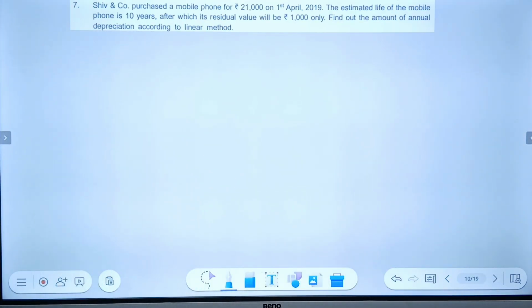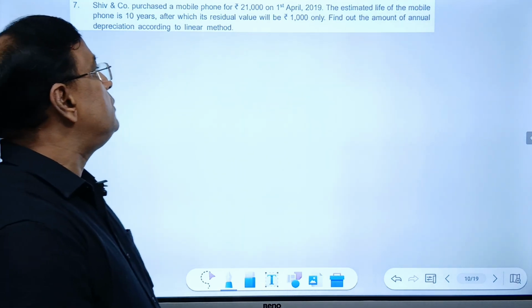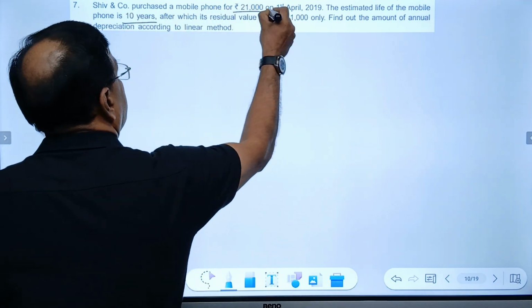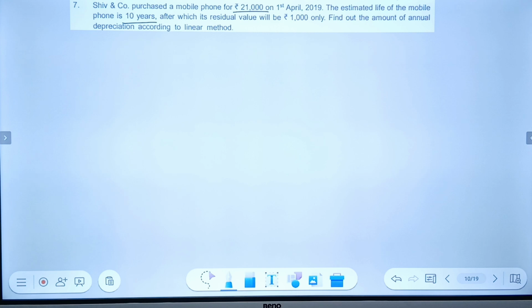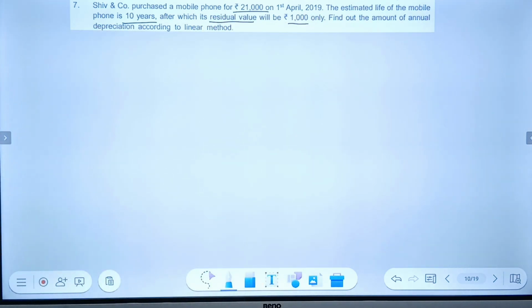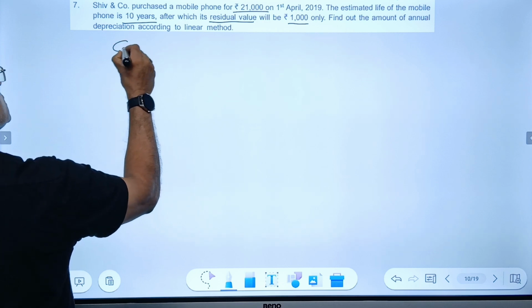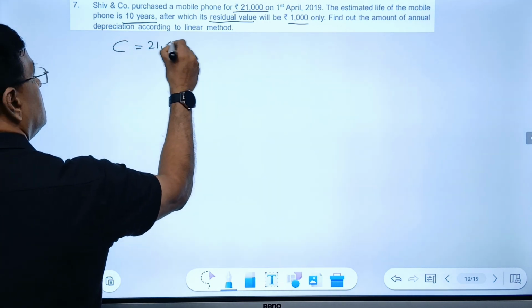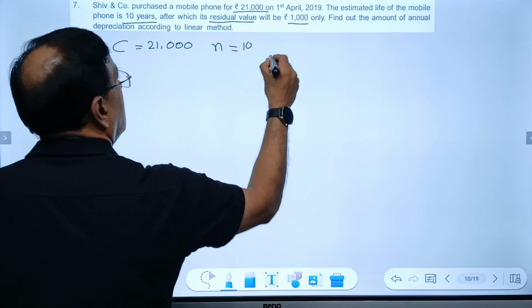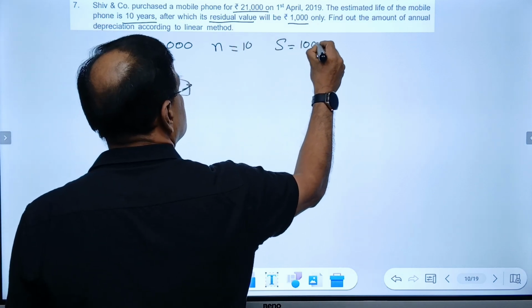Shiv and company purchased a mobile for 21,000 on 1st April, and the estimated life of the mobile is 10 years, after which the residual value, another name for scrap value, is ₹1,000 only. Find out the amount of annual depreciation by linear method. Again, same. The total cost is 21,000, my useful life is 10 years, and my scrap value is 1,000 rupees.